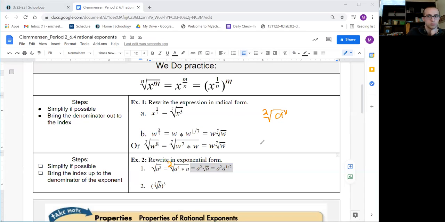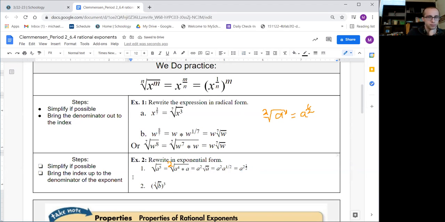And so when I change that over, I get a to the 1/2 power. So that's how that works. The square root of a has those invisible numbers of 2 and 1, and then changes to 1/2. All right. Combine them into one thing, and I get a to the 2/2 power.